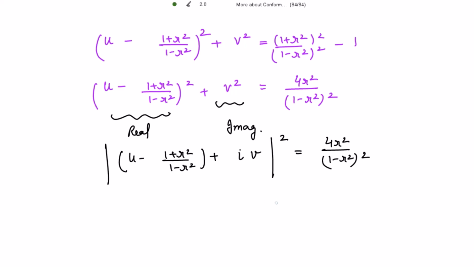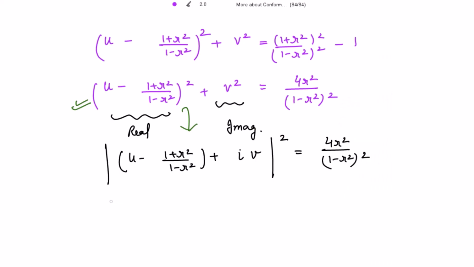Because as we understand, mod of u plus iota v is equal to what? It is the square root of u square plus v square. If I take the square, I am having the right hand side as u square plus v square only. That is what I have done over here. If u is a real part and v is an imaginary part, if you match, you understand that this left hand side can be written as this. I hope it's very clear now.